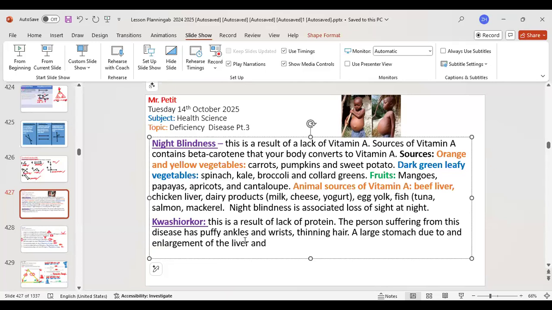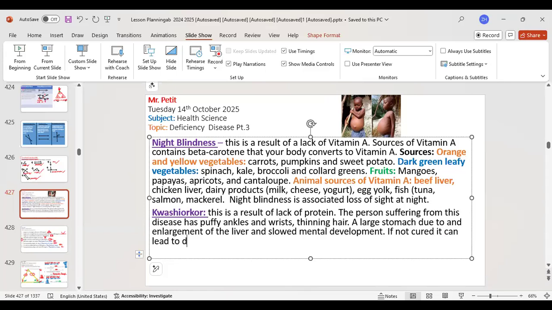The enlarged liver causes it to become puffed out. And slowed mental development. If not cured, it can lead to death.